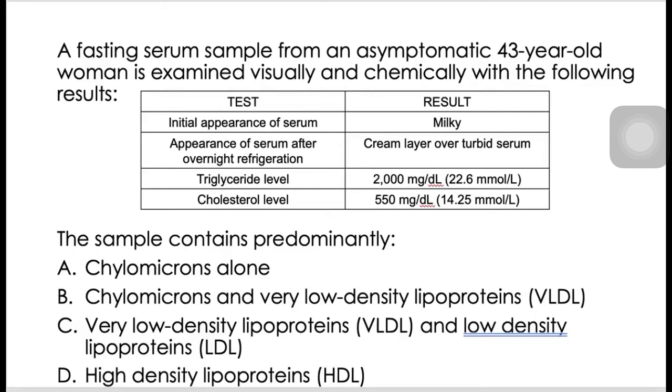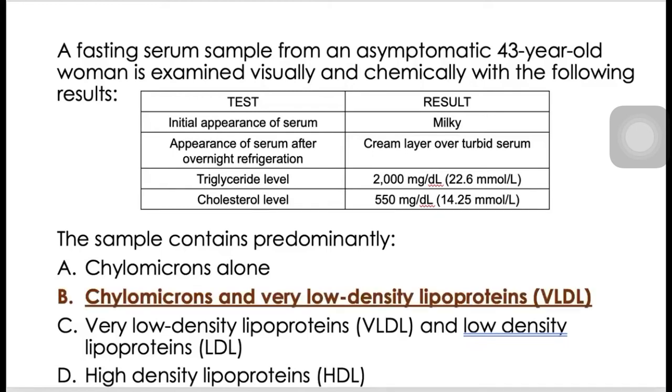That the serum here remains turbid. Tapos, ang taas nga po ng kanyang triglyceride level dito. So the sample here contains predominantly, so ibig sabihin hindi lang chylomicrons ang present dito. Meron din siyang presence ng VLDL. So we have letter B, chylomicrons and your very low density lipoprotein.